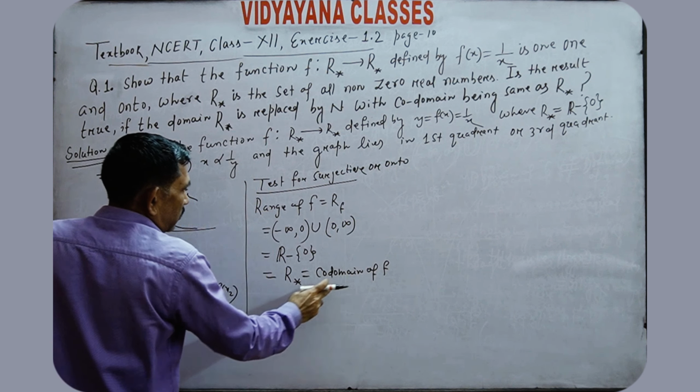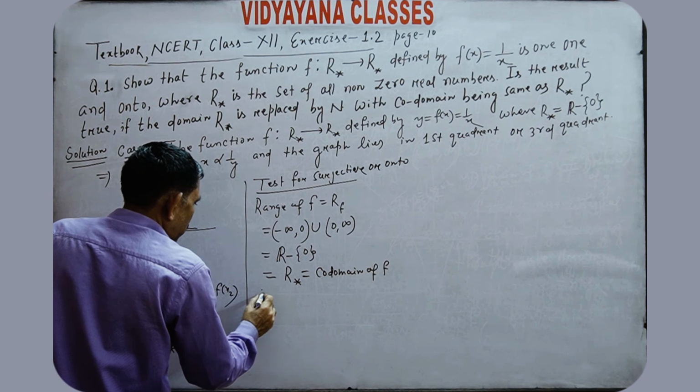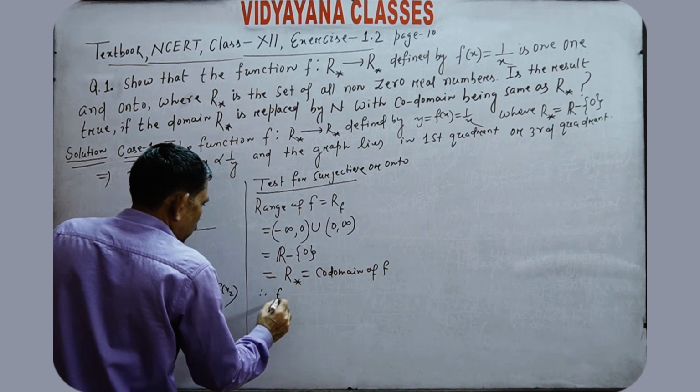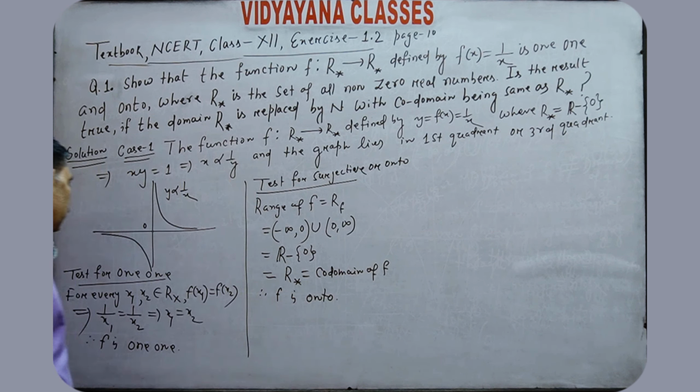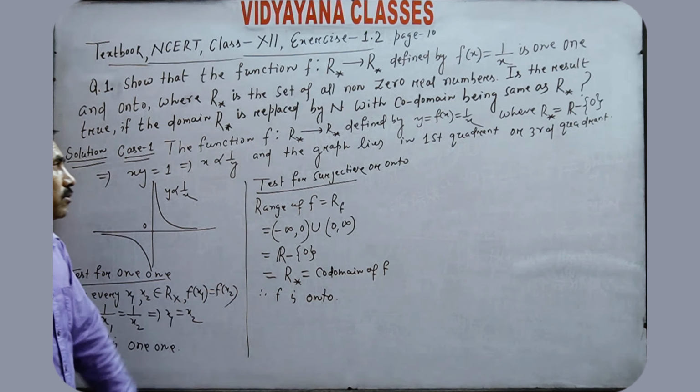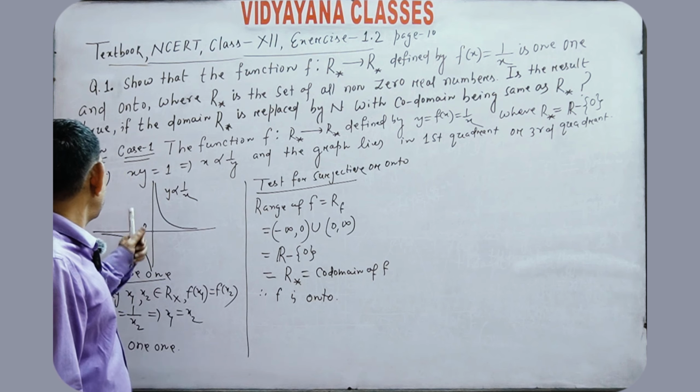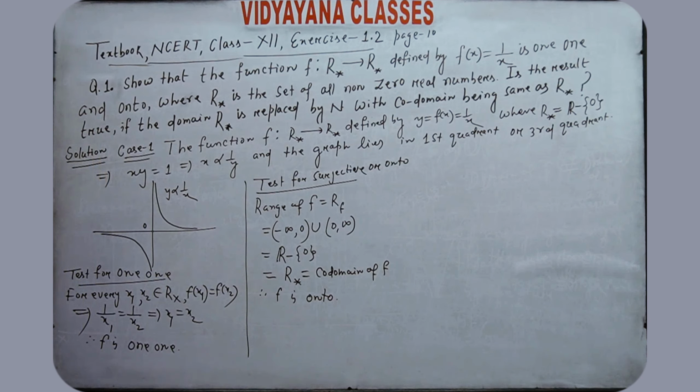Range of f is equal to codomain of f. Therefore, f is onto. f is 1-1 and f is onto. So the first part is proved.